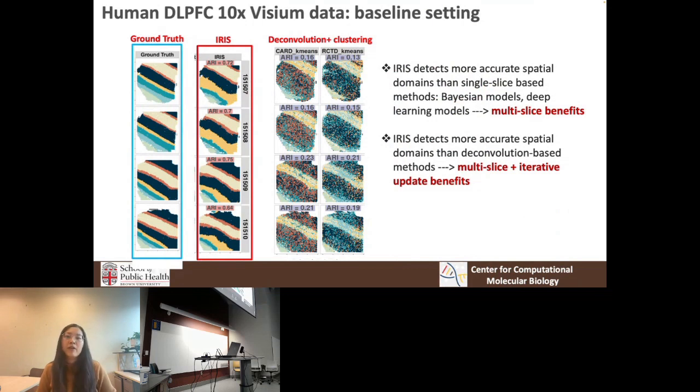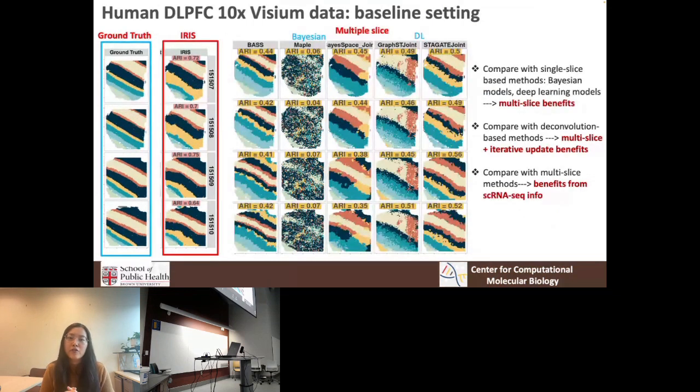And because after we finished this method we also saw some methods focusing on multi-sample domain detection, we also added this comparison to really show the benefits of IRIS.